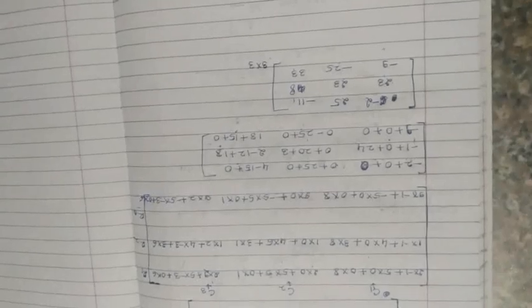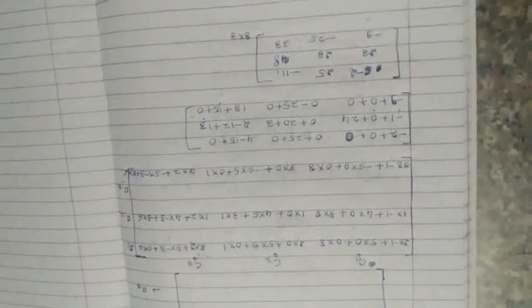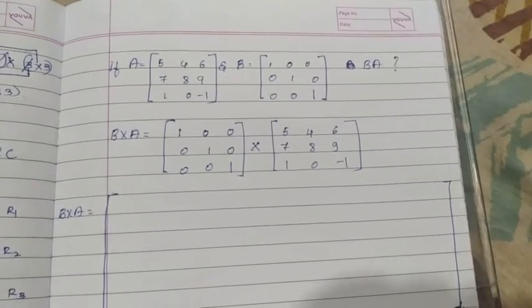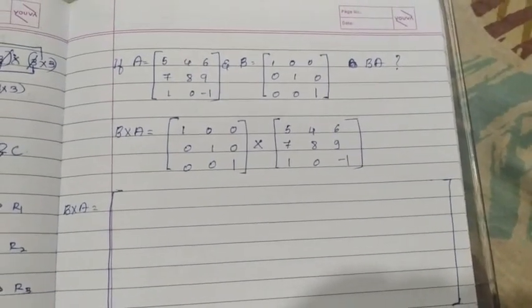So here we have seen how to multiply matrices of order 3 into 3. Okay, one more example on matrix order 3 cross 3.